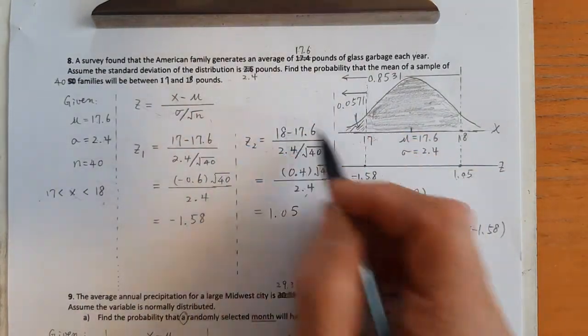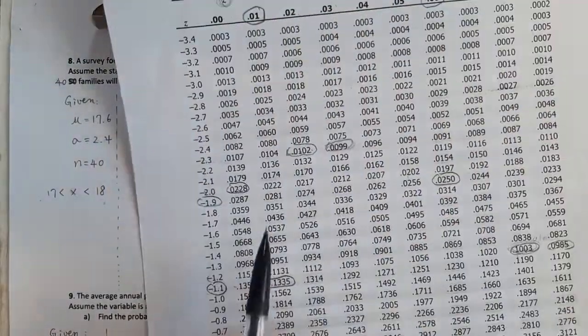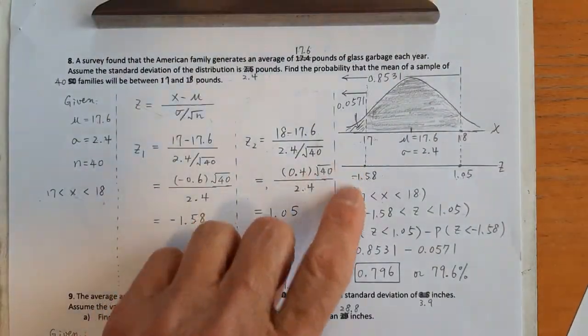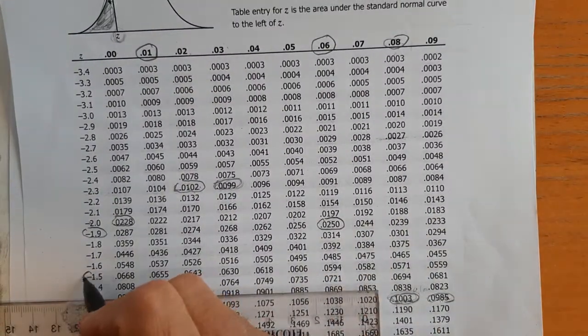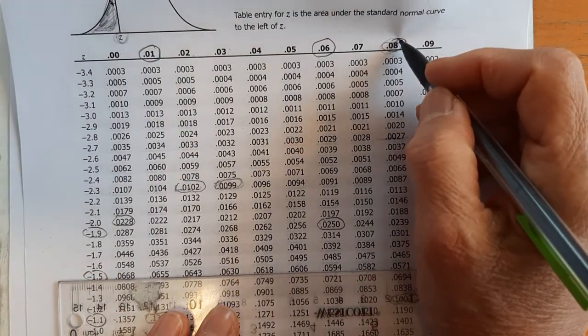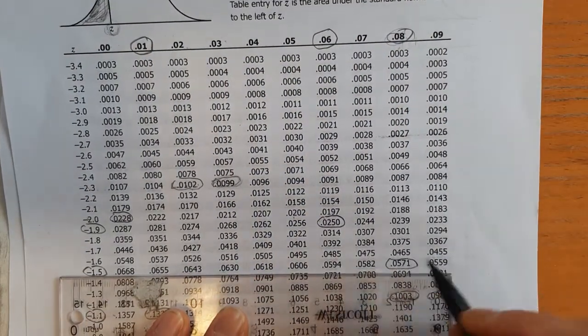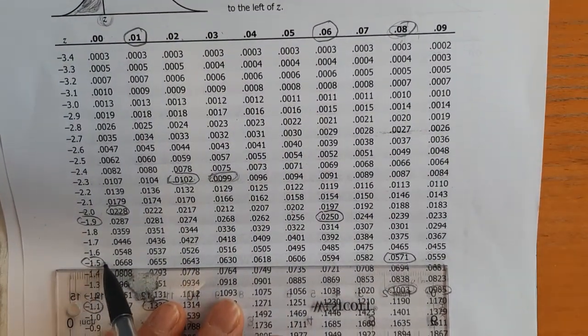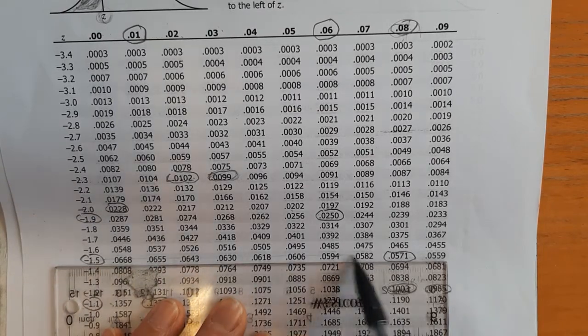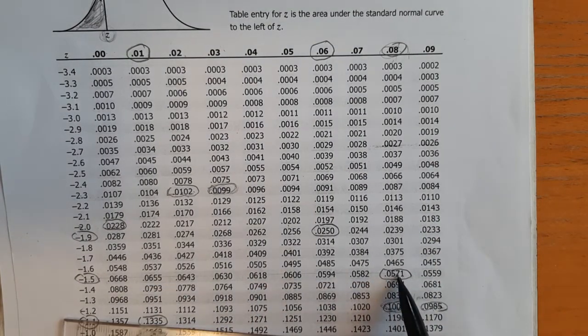Minus the area to the left of negative 1.58. Negative 1.5 here, and 8 up here. Their intersection is this one, 0.0571.